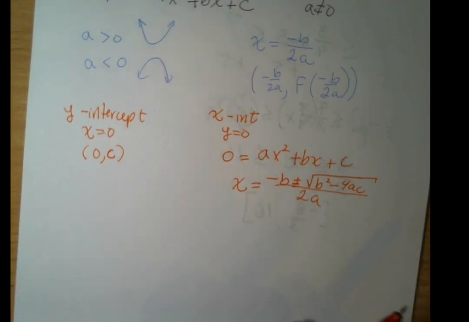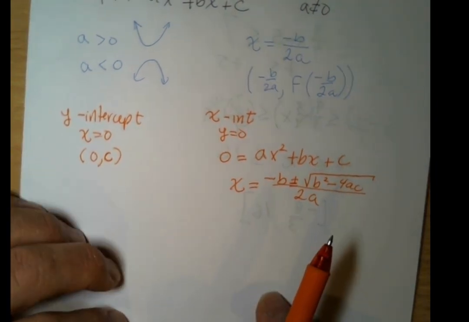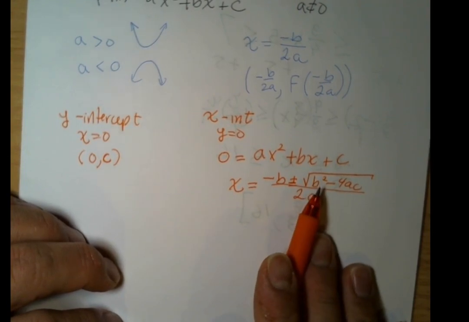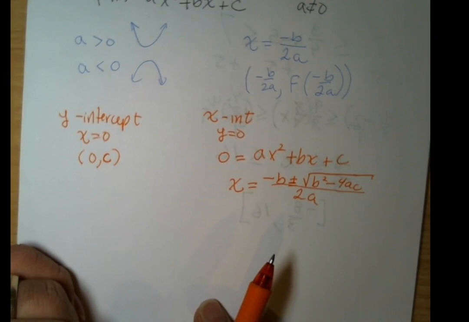In that case, there's no real number solution, and we can see that in the graph: it doesn't cross the x-axis, but there's still solutions to it. In this case, they're complex solutions, so we don't see them in the real plane. So when this is negative, that corresponds to no x-intercepts in our xy plane.